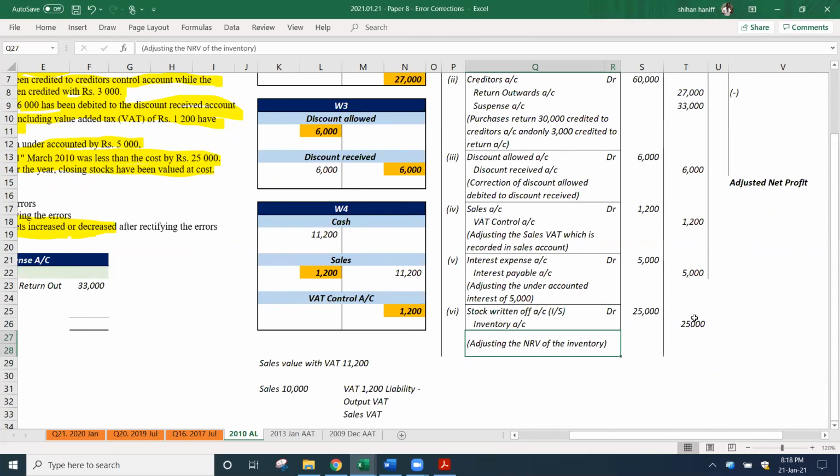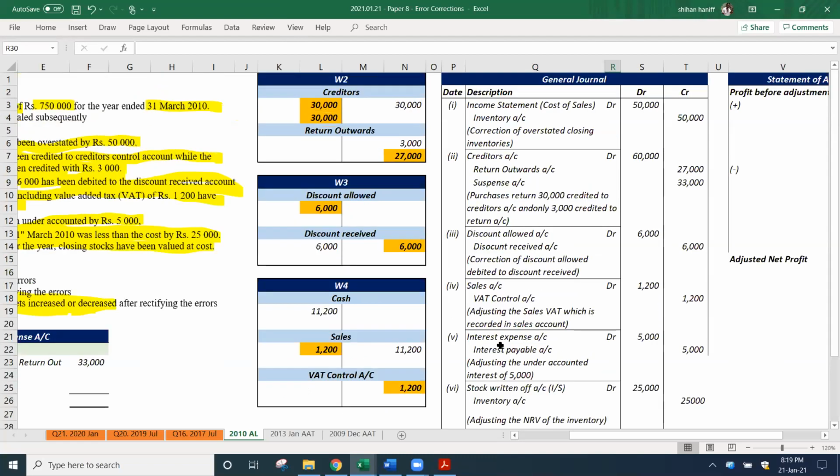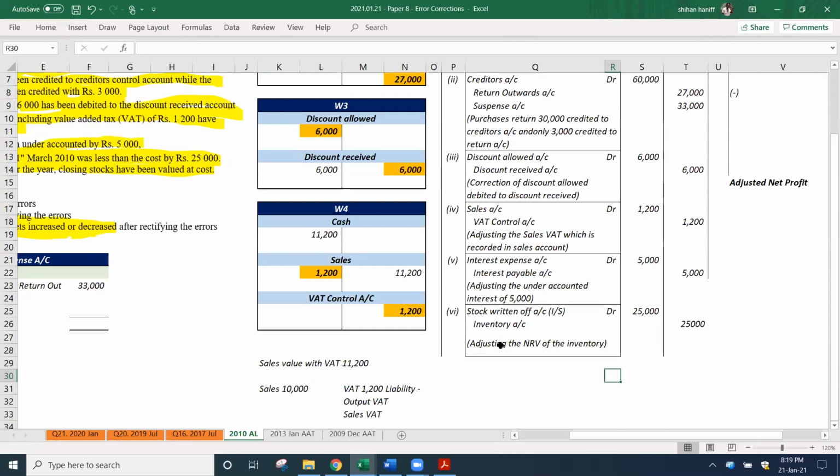So if we are selling 25,000 less, the stock value will be reduced by 25,000 and it will be transferred to the income statement as other expense. Other expense 25,000. Right. So those are the adjustments, or the corrections related to the errors.